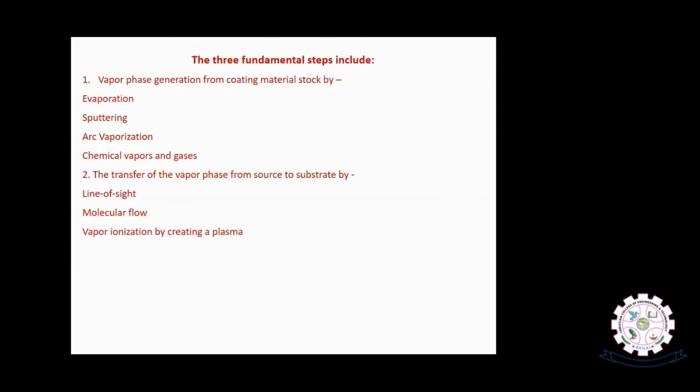We first start with the vapor phase generation from the coating material. Suppose I am doing a PVD and I want to deposit TaO2. I will heat the material physically, using some of the methods that I will come to, and vaporize it here. These vapors, I make sure that they fall onto the substrate.